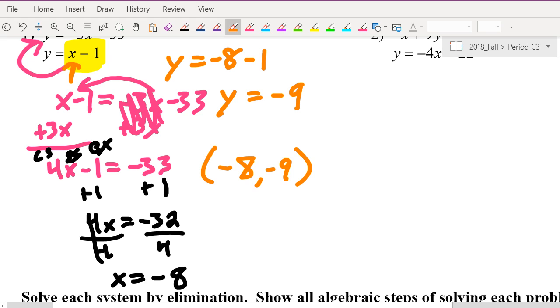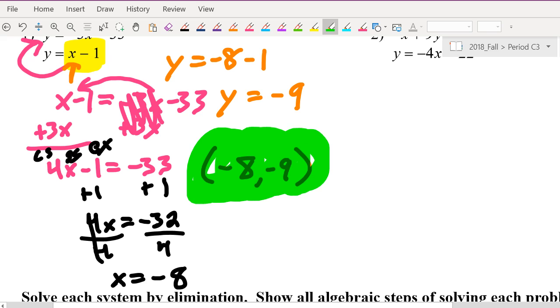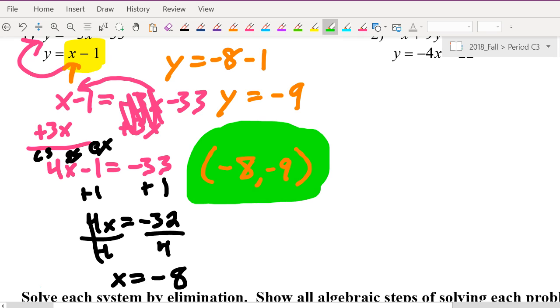Now, when you were on this problem on your homework, you would check it on Desmos. Since you won't have Desmos on the test, is there any way you can check it? Graph it. Yeah, that's one way. What would be another way? Substitute. You're right.